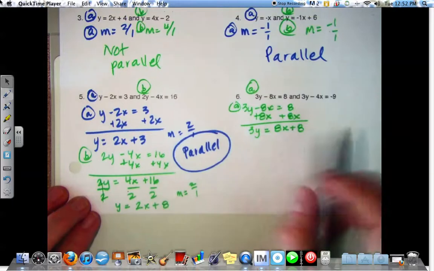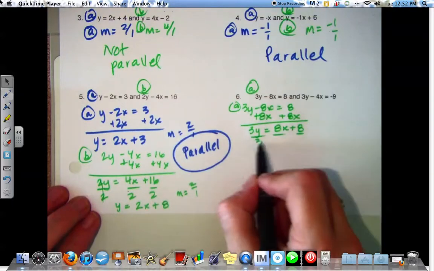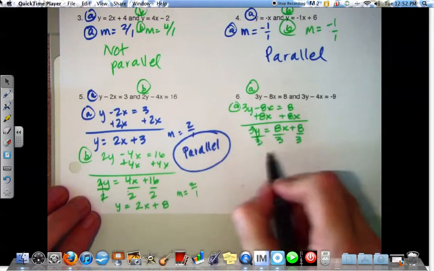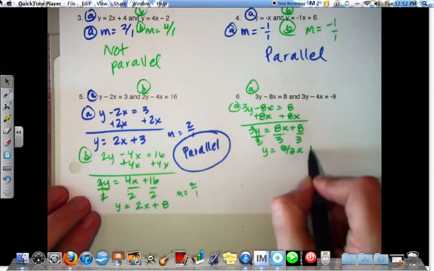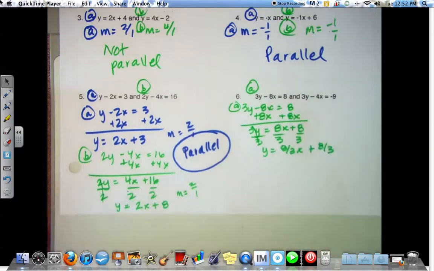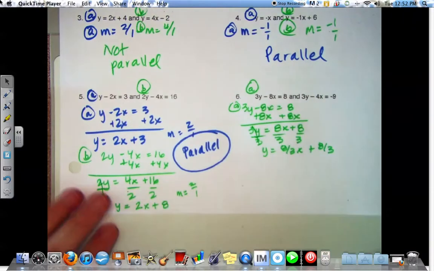And then? So y equals? Does that say 8 over 3? Yep. So our slope is?